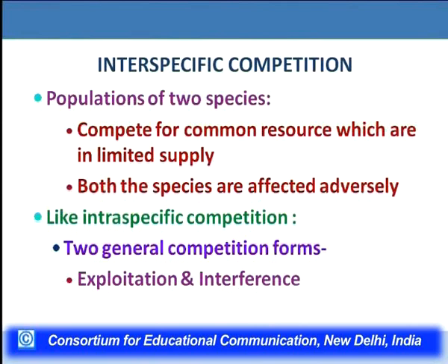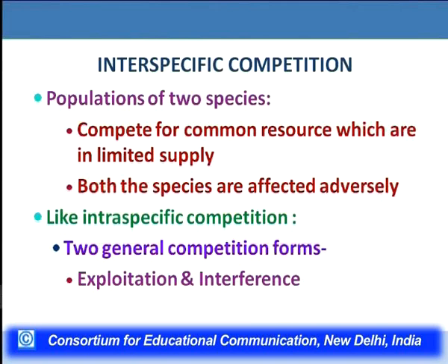Then coming to another important type of competition, which is interspecific competition. As the name suggests, it is basically competition between populations of two species, and it occurs when the resource which they are competing for is in limited supply. If the resource is abundant, of course there will not be any competition between individuals of the same species or individuals of different species.